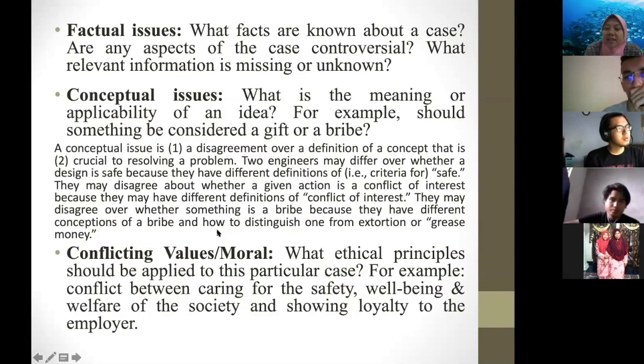Then the third one is conflicting values or morals. This one, the difference between the two is something about your moral standing. Most of it is about your belief, whether spiritual or your inner belief.